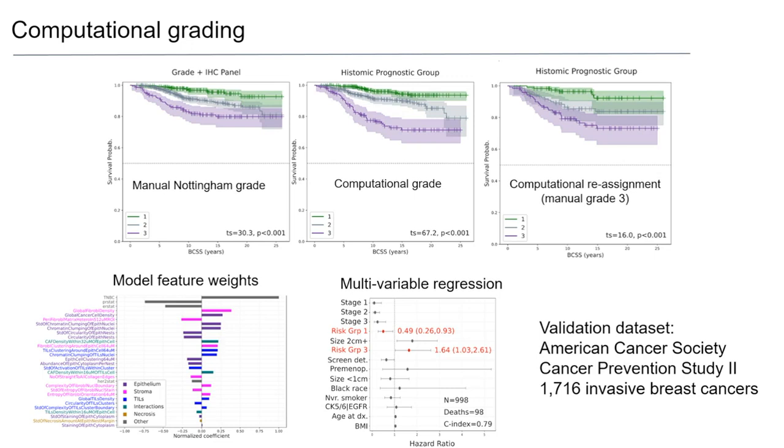The scoring we use to generate these prognostic groups is predictive of outcome independent of other factors like stage or screening in breast cancer. So this work is ongoing. We're validating this in a study called the PLCO, which has a very large breast cancer cohort. So that work is ongoing.